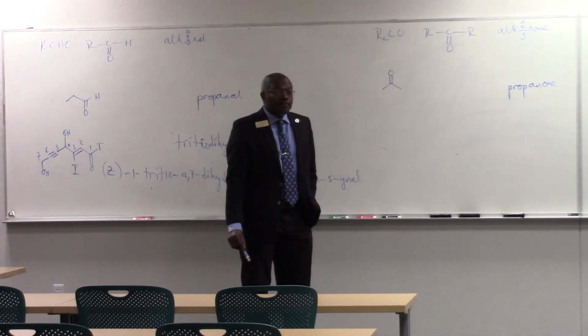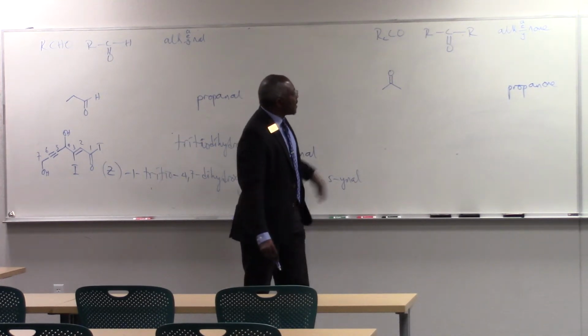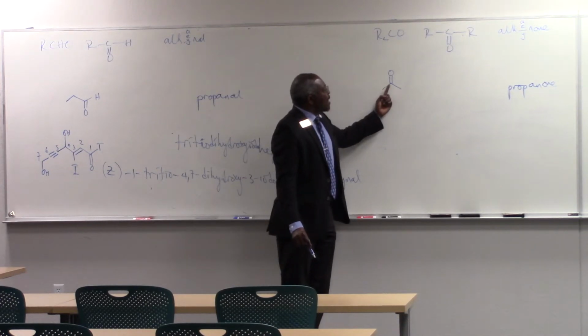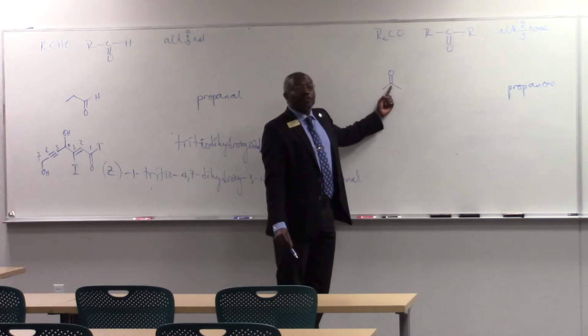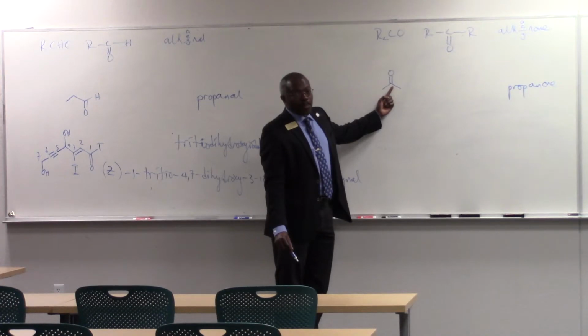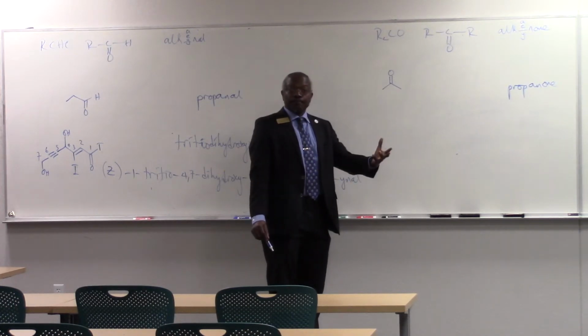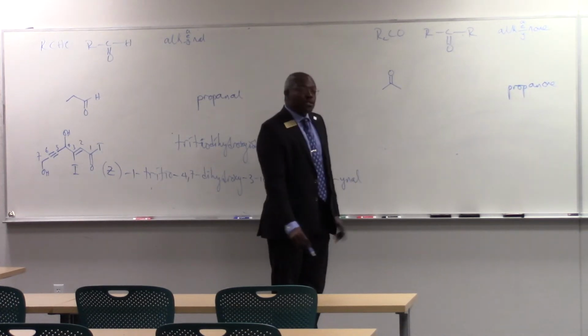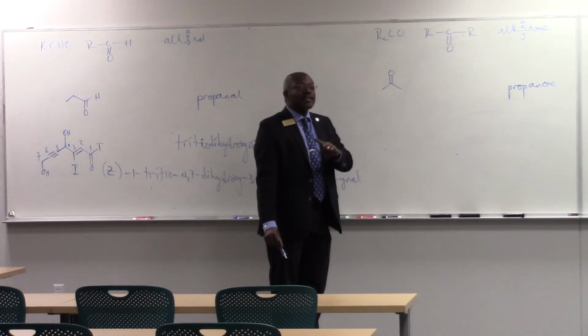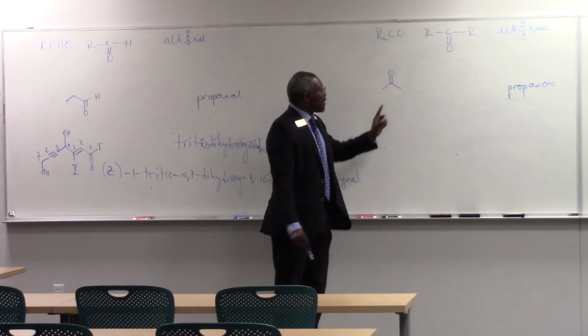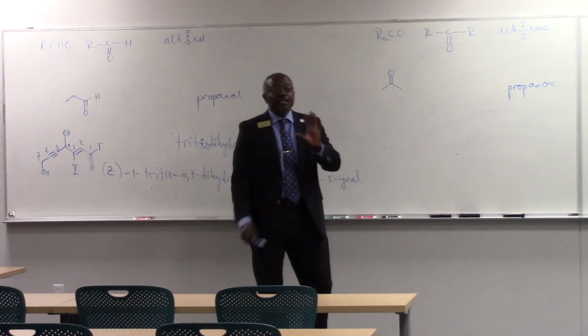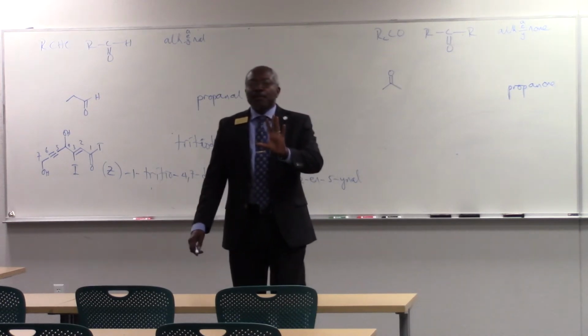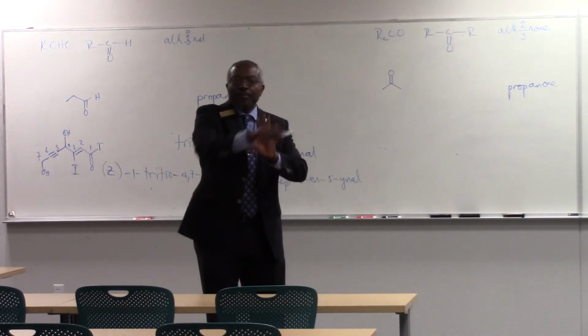Do I need a locant? Let's see. Right now, the carbonyl is on carbon number 2. So do I call it 2-propanone? Well, what's the alternative? Is there an isomer of this compound? Because the point is you want to name it so that no two compounds have the same name.